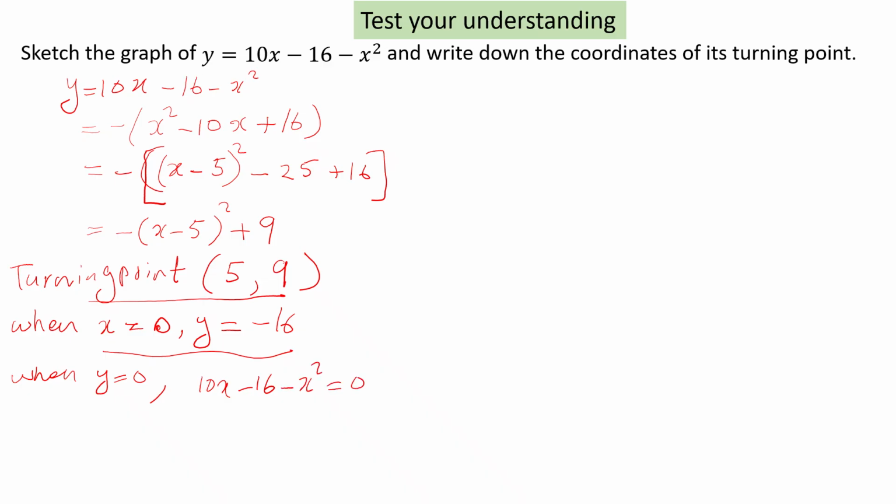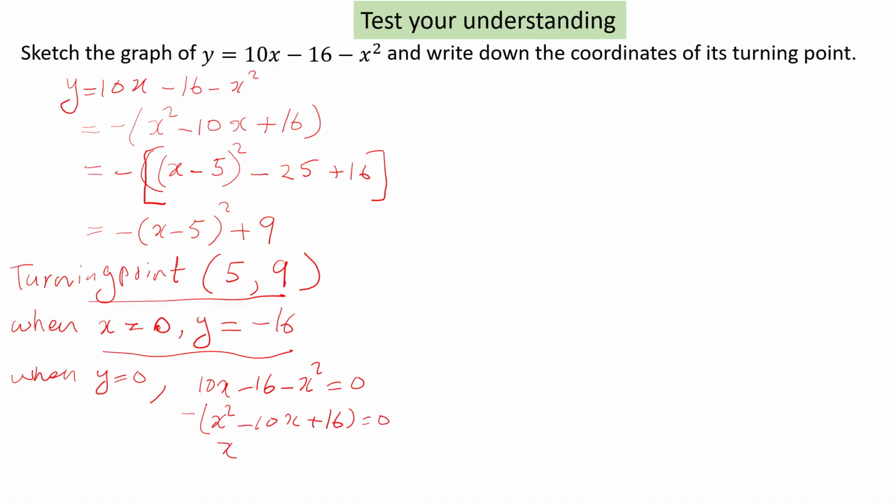I'm going to multiply by the negative sign. So x squared minus 10x plus 16 is equal to 0.